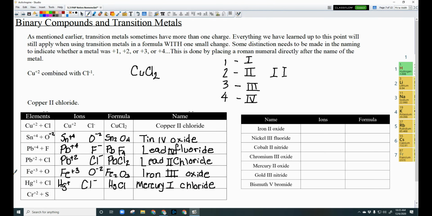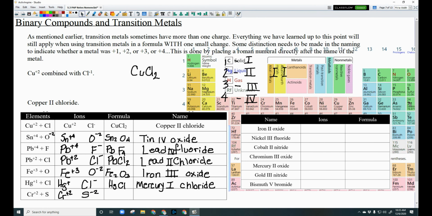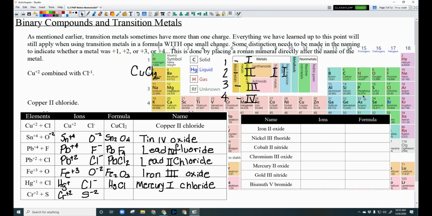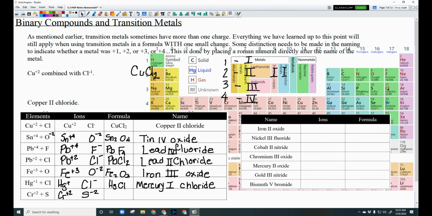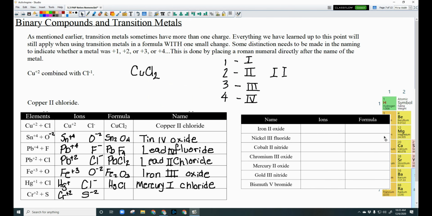All right. Chromium, Cr is chromium. Chromium here is a +2 ion combining with sulfur. Sulfur is a -2 ion. Okay, and I just want to make sure. Sulfur. Here we go. Right there's sulfur. So it is a -2 ion.